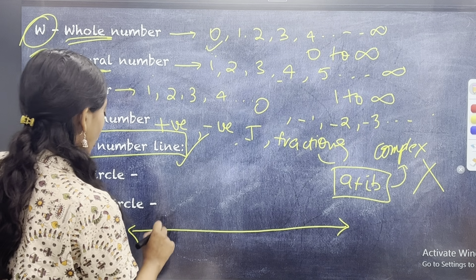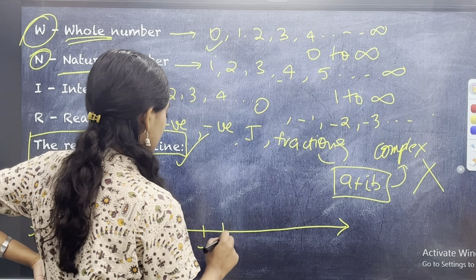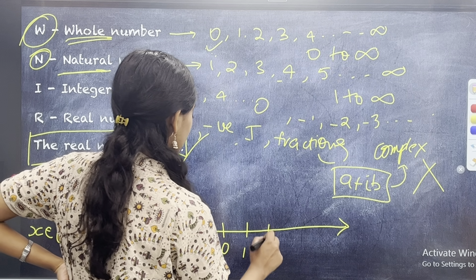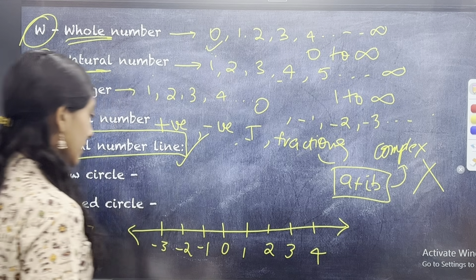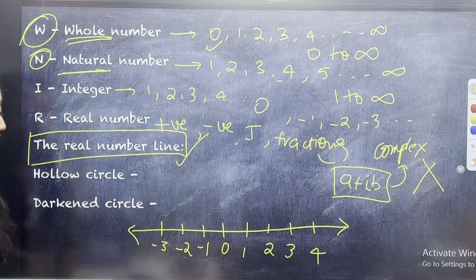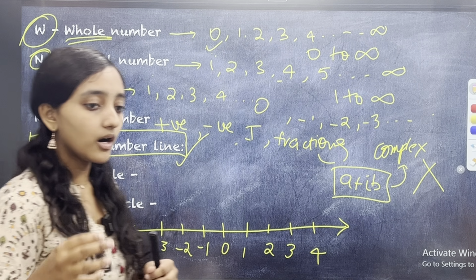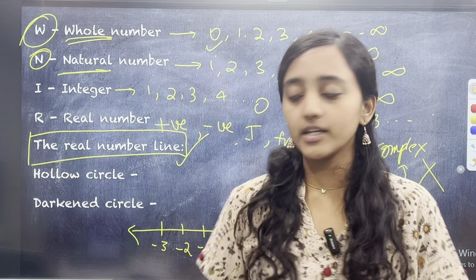Then you can draw -3, -2, -1, 0, 1, 2, 3, 4.